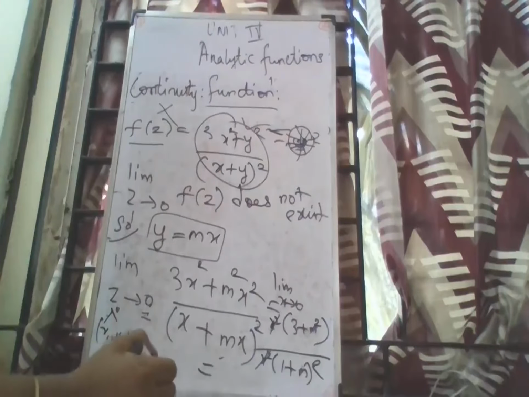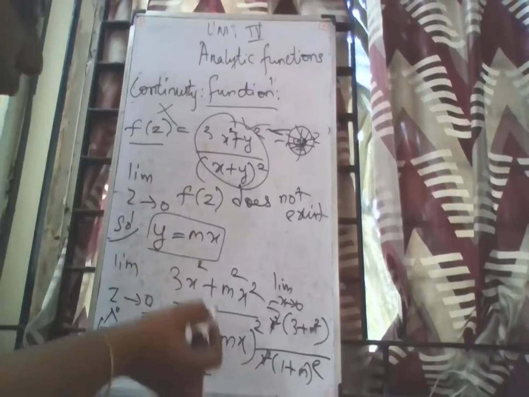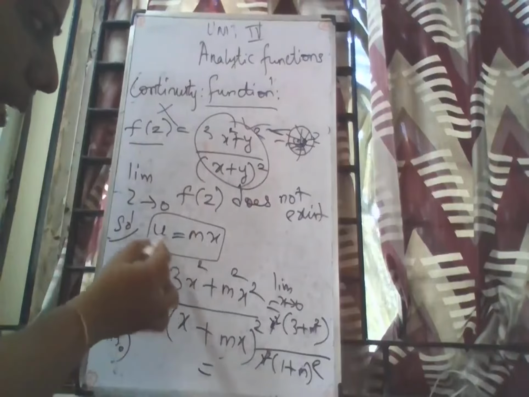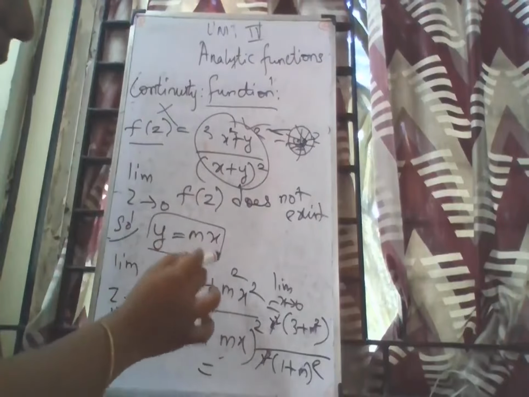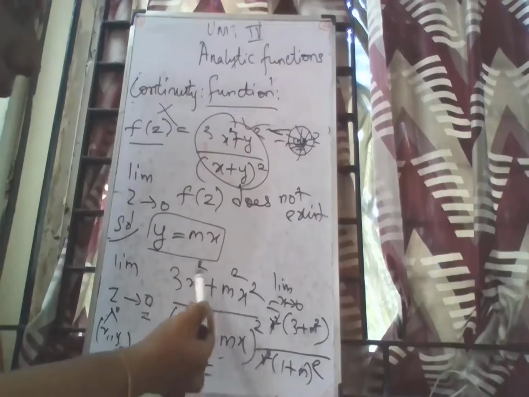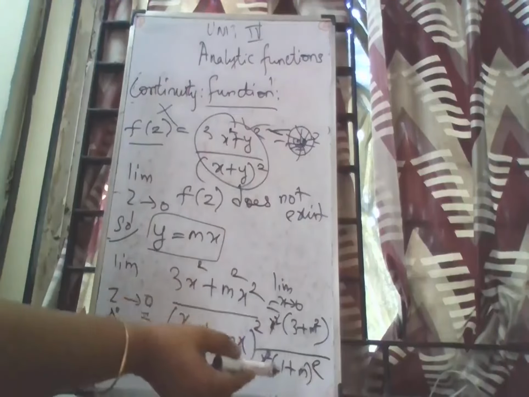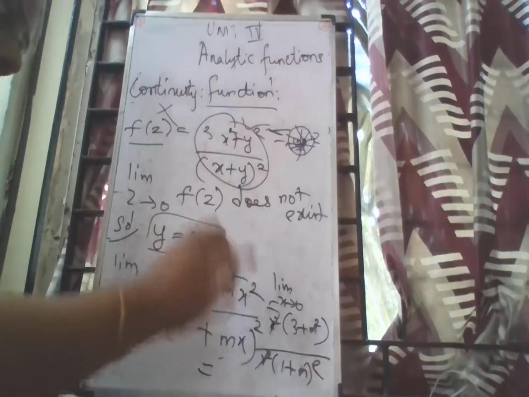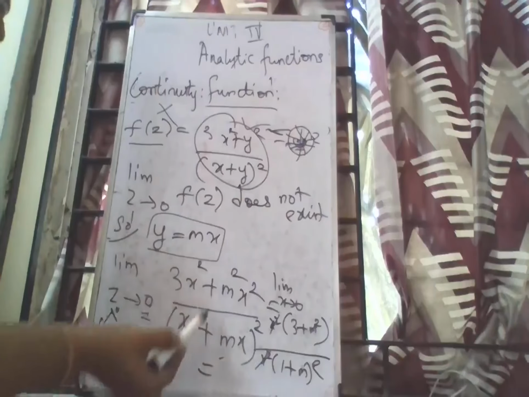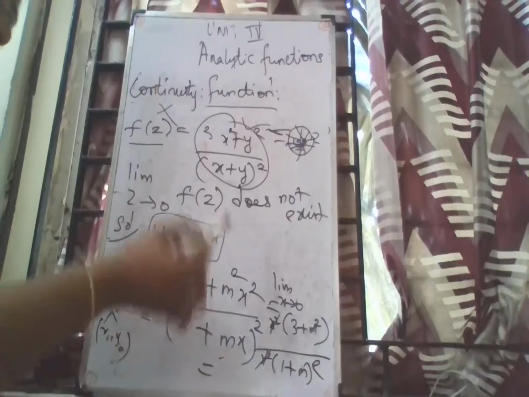Let us find the corresponding f of z. For that I said I have taken a path as y equal to mx. So y equal to mx, m square x square. After cancelling, this is a simple process. After cancelling x square goes, and then I have to take x tends to 0 because I don't have y here, I converted it, so only x remains.